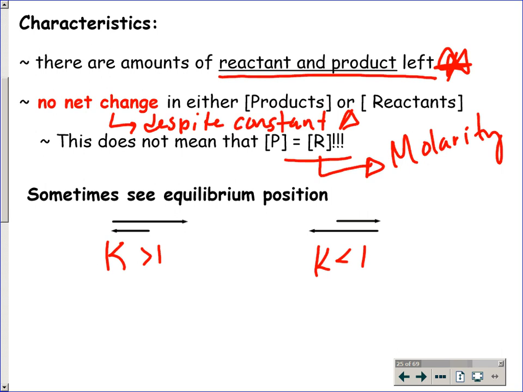All right, so definition is what? Rates are equal. Okay, what's left at equilibrium? Some of everything, some reactants and some products. Basically, we don't wipe out one side or the other. And is there a net change? No. Okay.